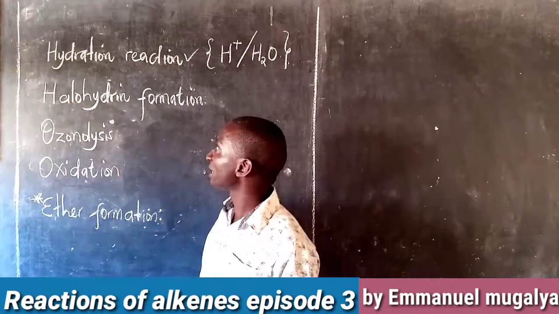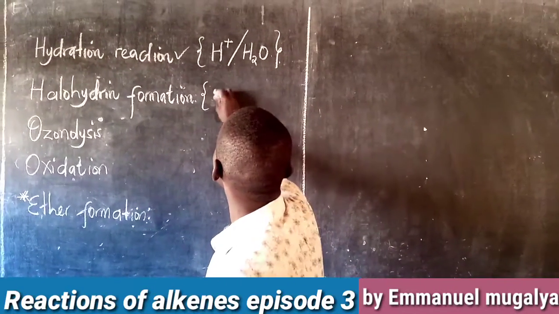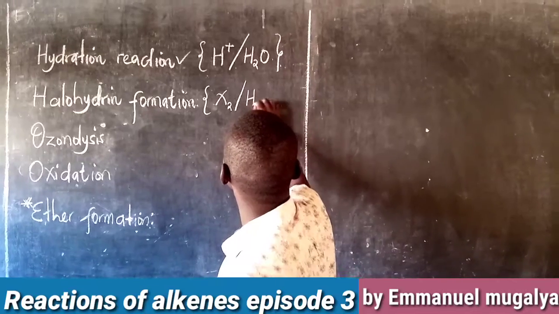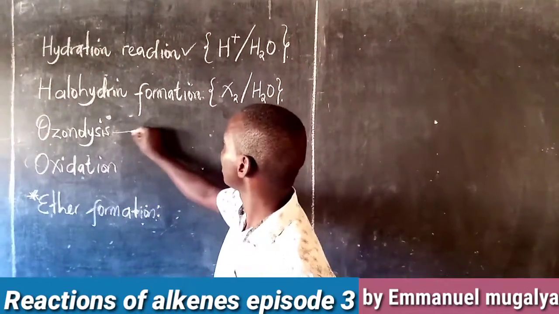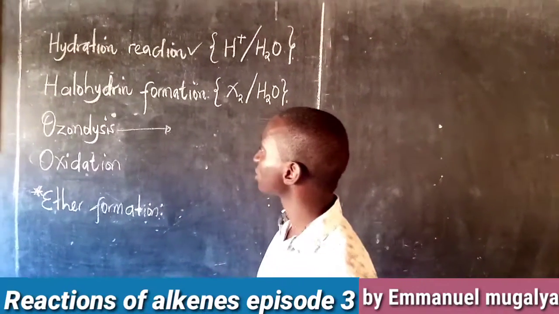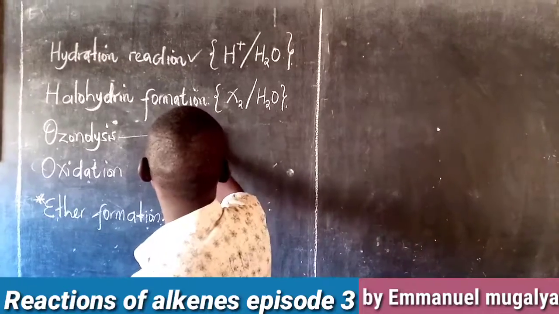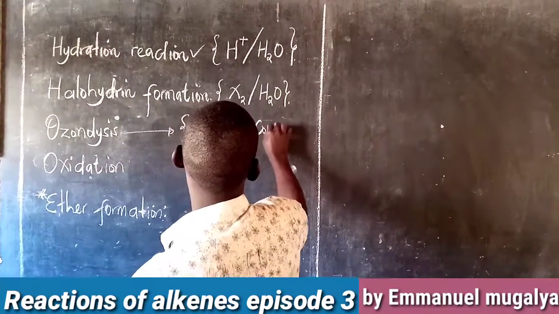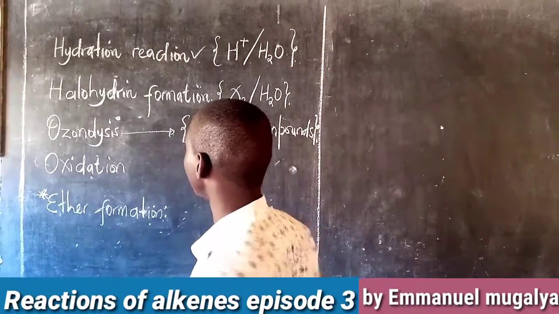Then we bring the halohydrin formation reactions, where we have a halogen reacting in the presence of water. Then we shall see the ozonolysis part of it. In ozonolysis, the alkenes react to give us carbonyl compounds. Still, we shall see how the carbonyl compounds are formed.